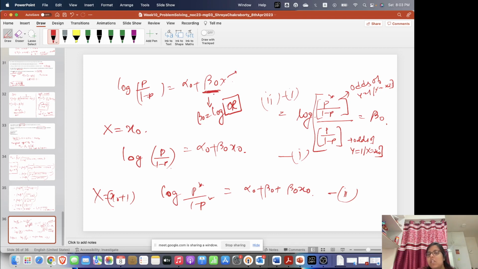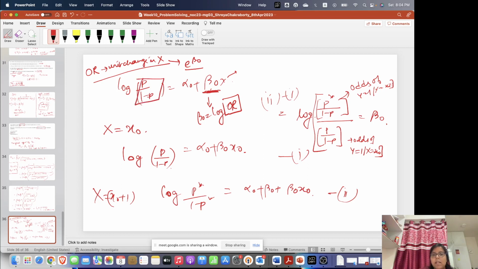So this is not the marginal effect, this is exactly the log of the odds ratio. If I have to find the odds ratio for a unit change in x, then the answer will be e to the power beta naught. Is it clear? In this manner the interpretations are going to change.